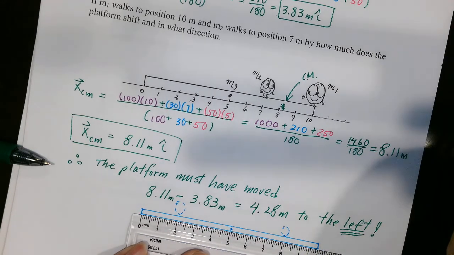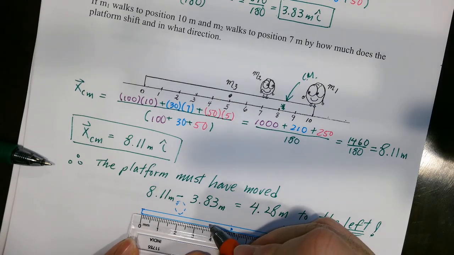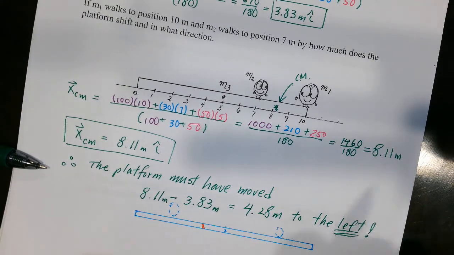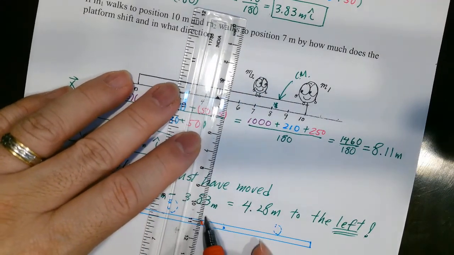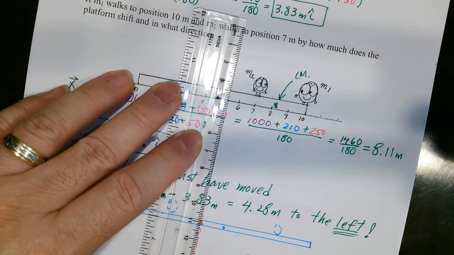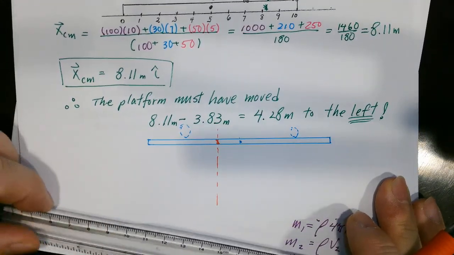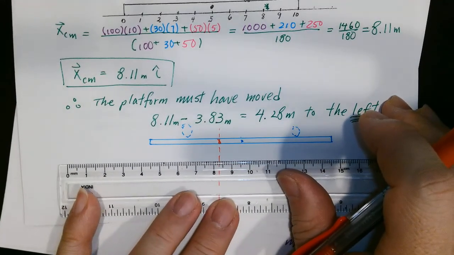And the center of mass was at 3.83, right? So it was here. Okay. So this center of mass position relative to outside does not change. So when this thing shifted, right?